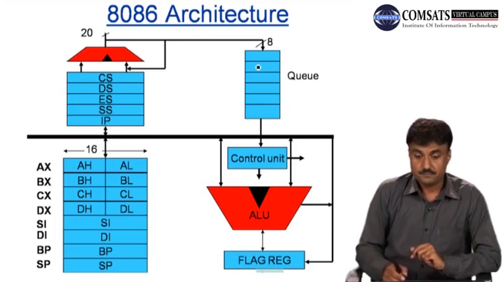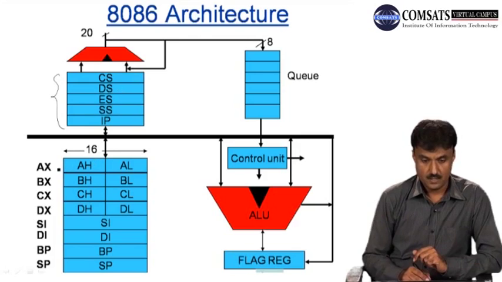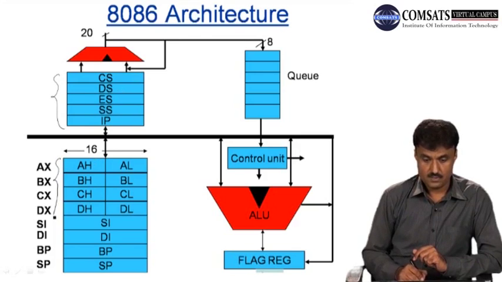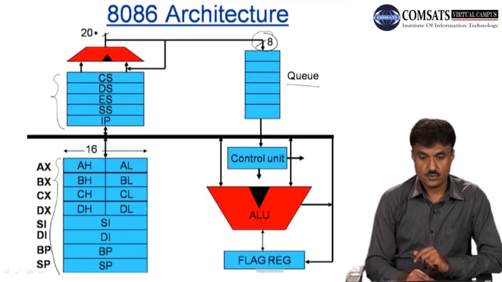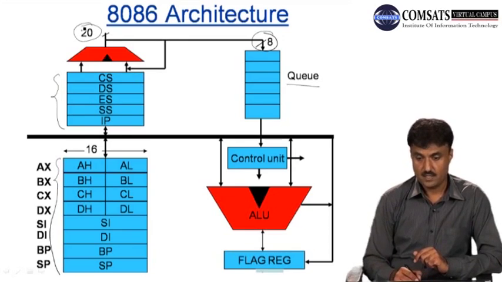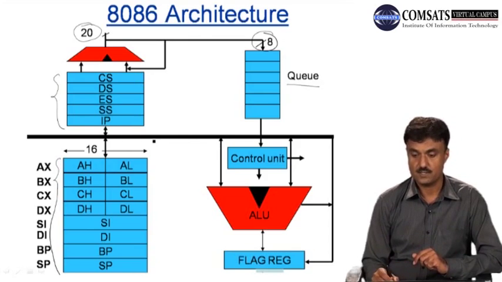Here you can see we have some registers at this point, and here are some more registers. There's a control unit, and there's a queue. This 8 shows 8-bit, 20 shows a 20-bit line, and these are the buses. It's not clear here whether it is the data or address bus; we'll discuss that, but I want to show you the major components in the 8086 architecture.